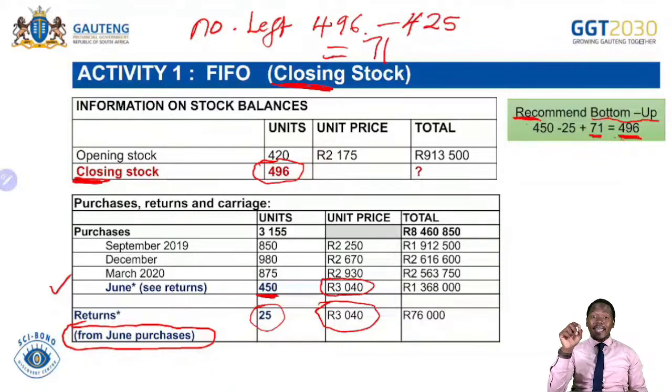Only 71. The rest was sold, because I need to take out only 71 out of that. In total, it will give me the 496. Then I know the units that I'm going to work with. I'm going to work with the units of June, and also the units of March. But on the units of March, I'm working with only 71.